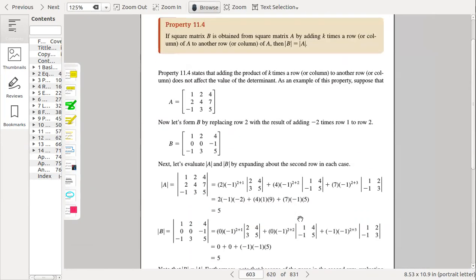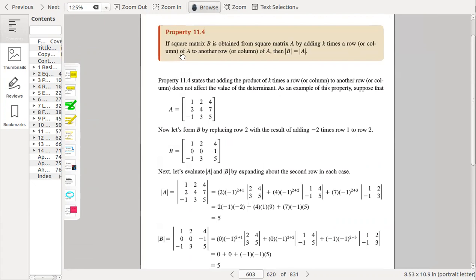Then for the fourth one, the fourth property is, if square matrix B is obtained from square matrix A by adding k times a row or column of A to another row or column of A, then the determinant of A is the same as the determinant of B. So it means if we add k times a row or column to another row, there will be no change in the determinant.